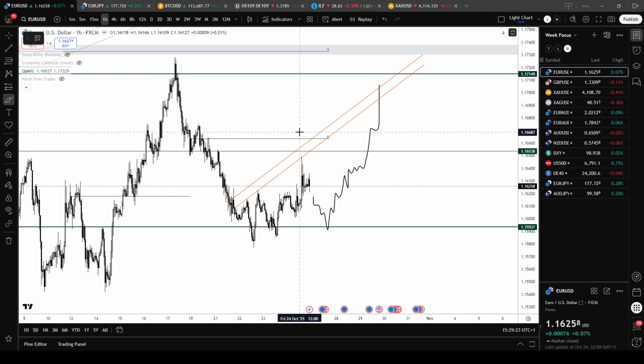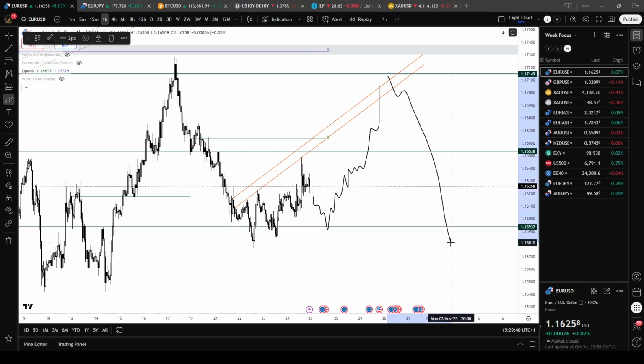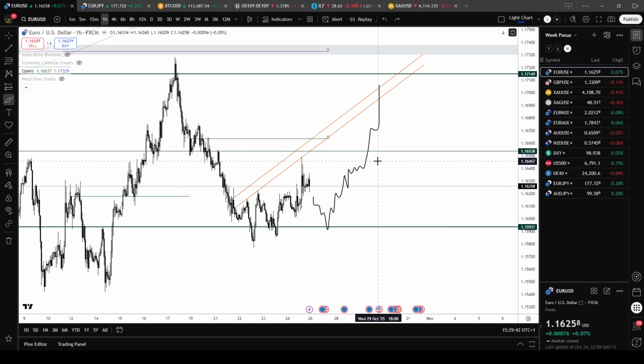And I see a lot of people saying, I think Euro is going to go lower, I think Euro is going to go higher. But I've not seen yet someone call for lower to higher and then lower. And that is my main thesis.